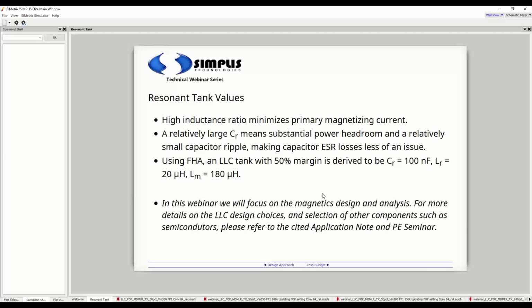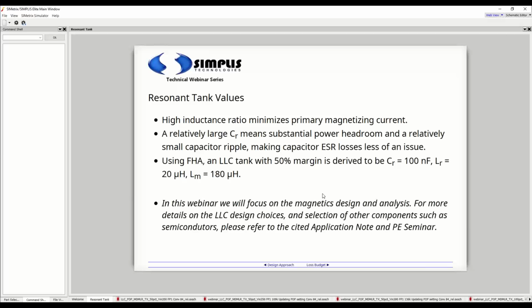And then using the standard first harmonic approximation method, an LLC tank with 50% margin is derived to be with a CR of 100 nanofarads, an LR of 20 microhenry, and a magnetizing inductance for the transformer of 180 microhenry. Now, in this webinar, we're going to focus on the magnetics design and the analysis.